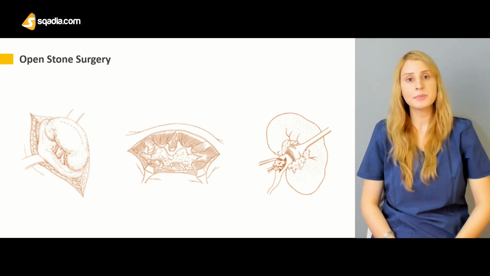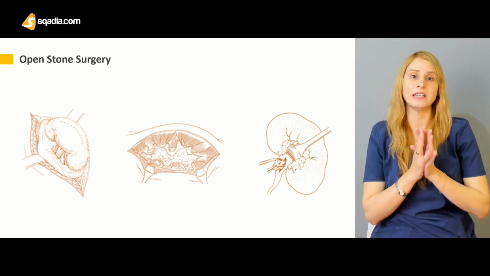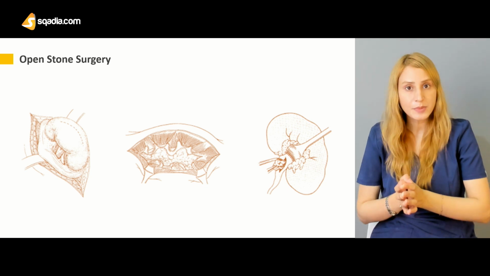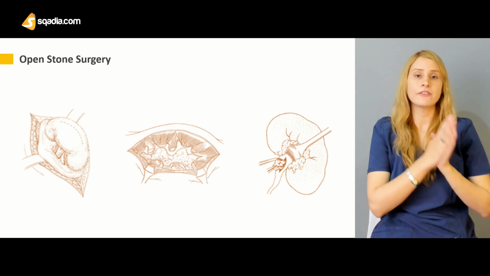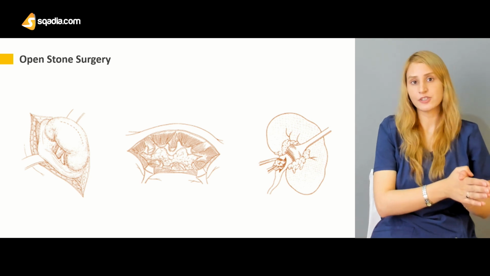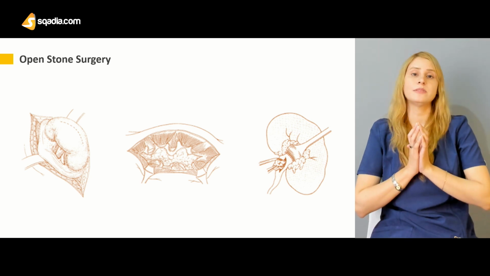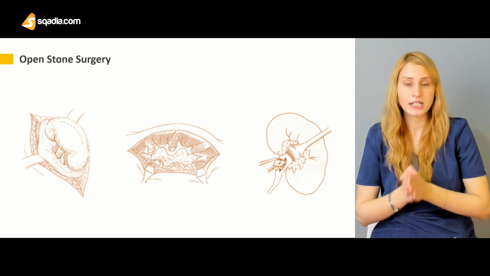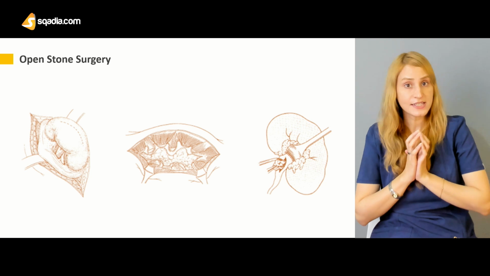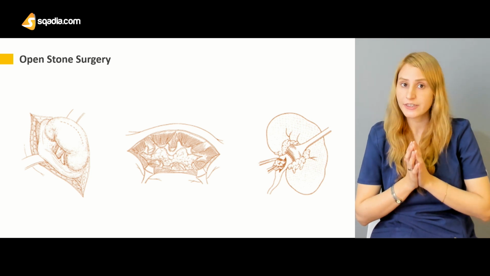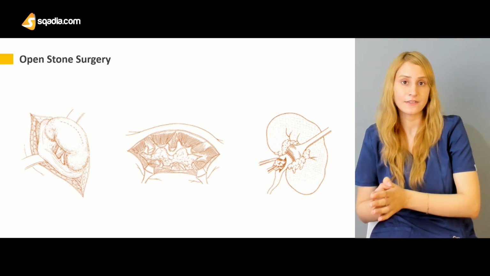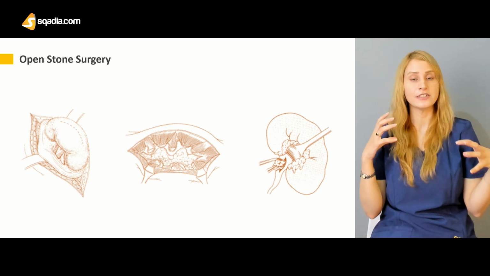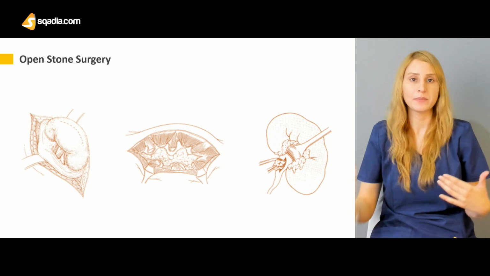So in today's topic, we tried to discuss renal stones, their presentation, their etiology, how you're going to diagnose these patients, what investigations are important, how you're going to treat ureteric colic in emergency, what medical therapy is and how effective it can be, and what size of stone can be treated with medical therapy.